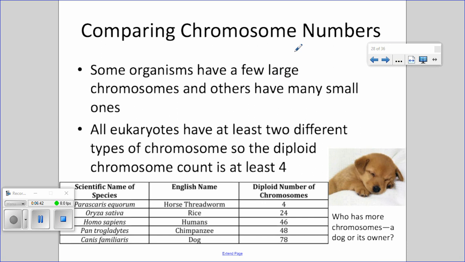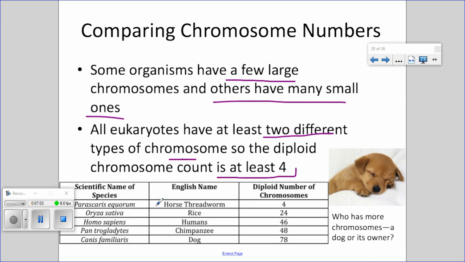When comparing chromosome numbers, you have to keep in mind that some organisms have a few large chromosomes and others have many small chromosomes. All eukaryotes have at least 2 different types of chromosomes, so the diploid chromosome count is at least 4.